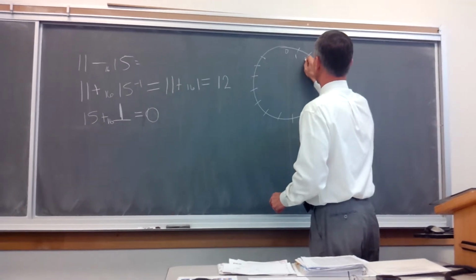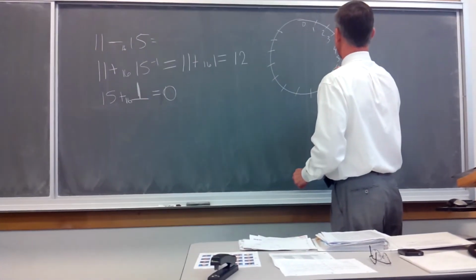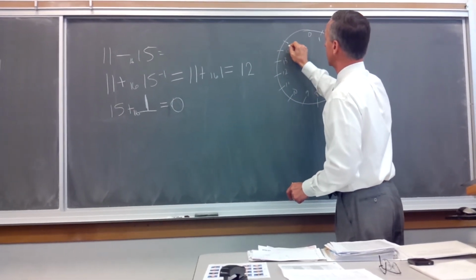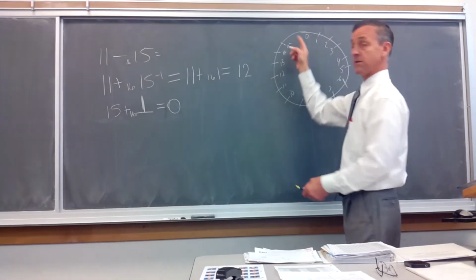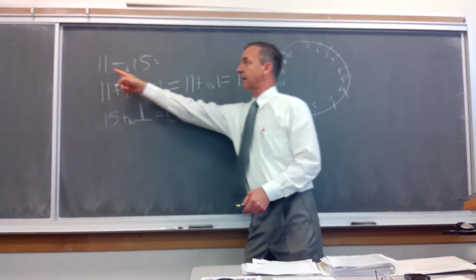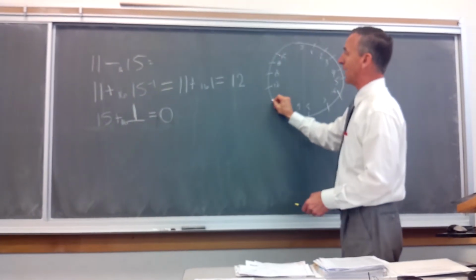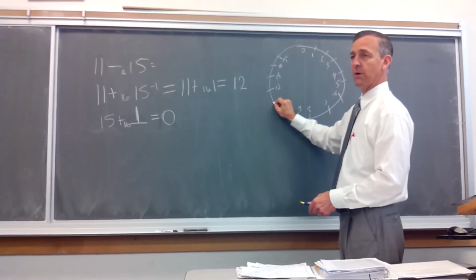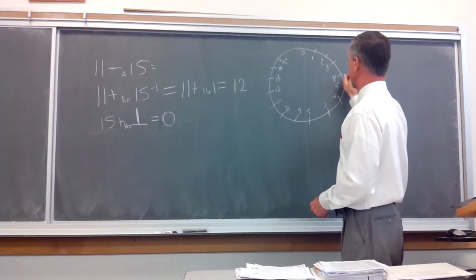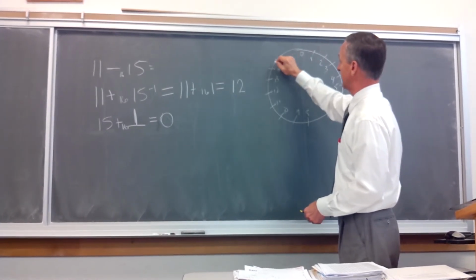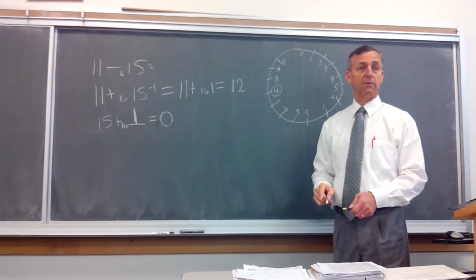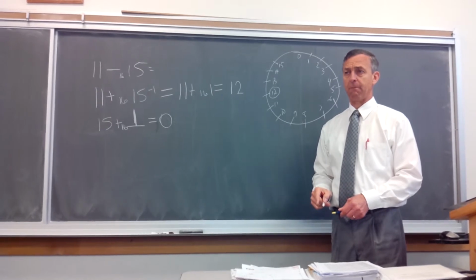I'll do it inside. 1, 2, 3, 4, 5, 6, 7, 8, 9, 10, 11, 12, 13, 14, 15. That's a 16 clock, right? And start where? Start at 11 and do what? Go backwards 15. 3, 4, 5, 6, 7, 8, 9, 10, 11, 12, 13, 14, 15. Our answer better be the same thing we got by using the inverse method.